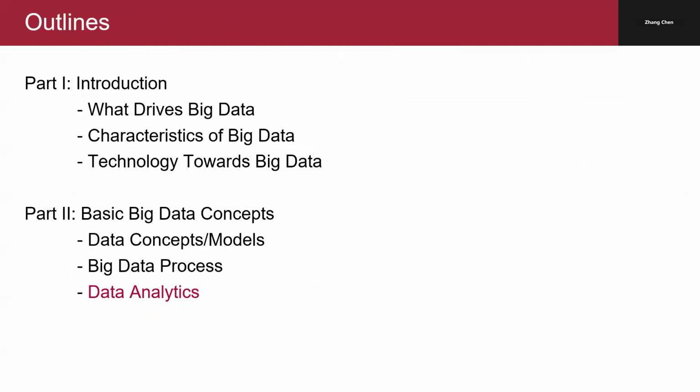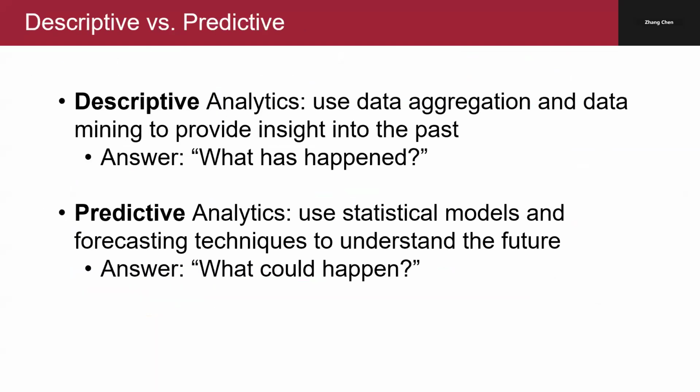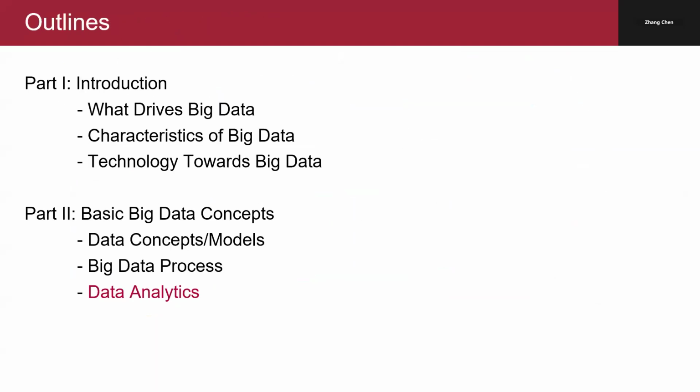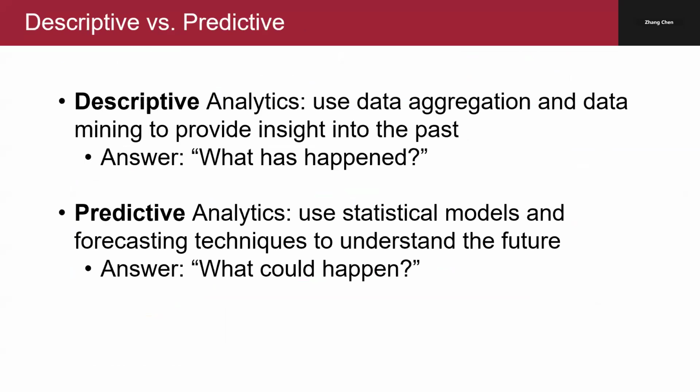So yeah, the last topic is about data analytics. There are basically two types of analytical results. It could be either descriptive or predictive. Either we are trying to understand something from the data, or we try to predict something.